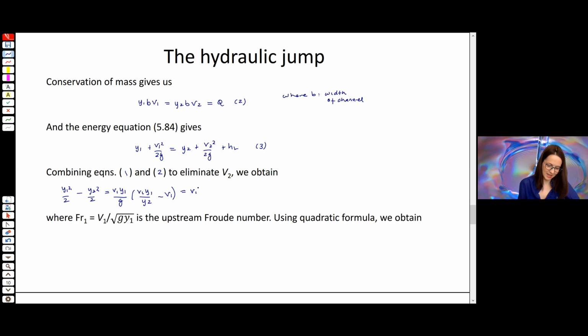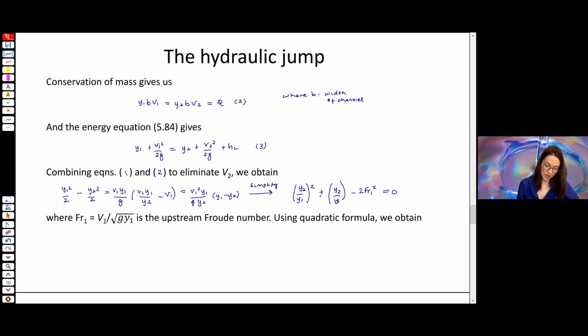Simplifying this all, we get (y2 over y1) squared plus (y2 over y1) minus 2 times the upstream Froude number, Fr1, squared equals 0.